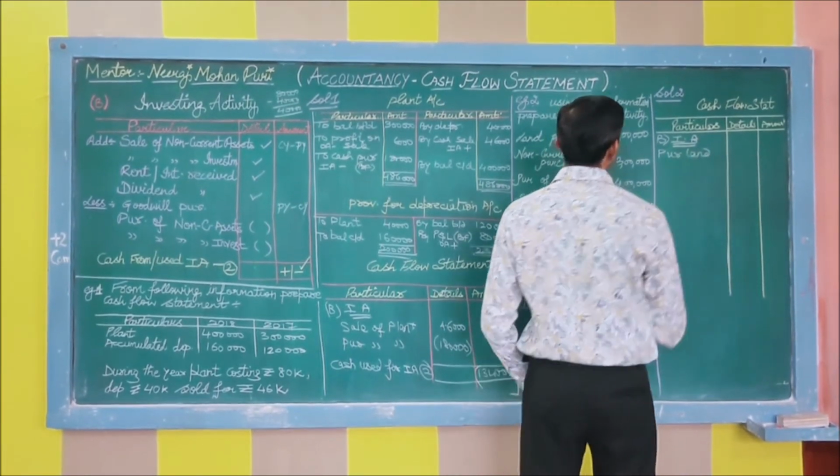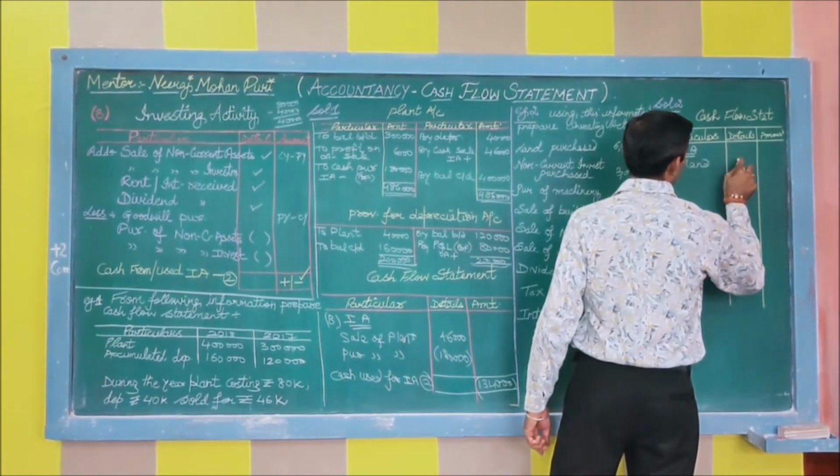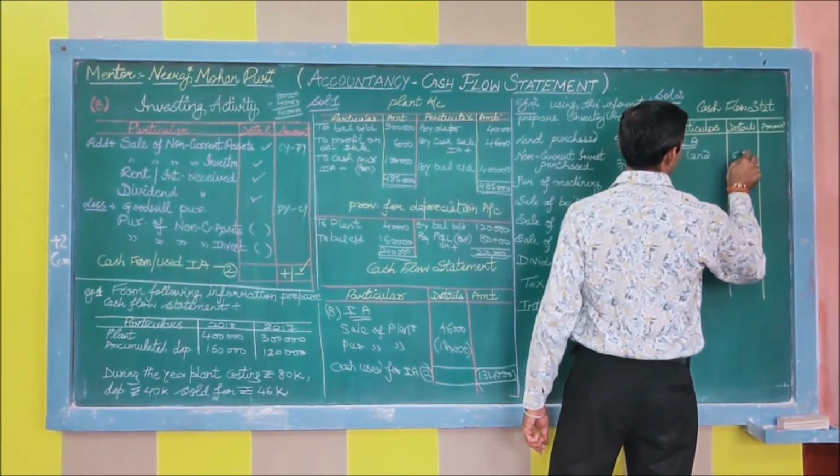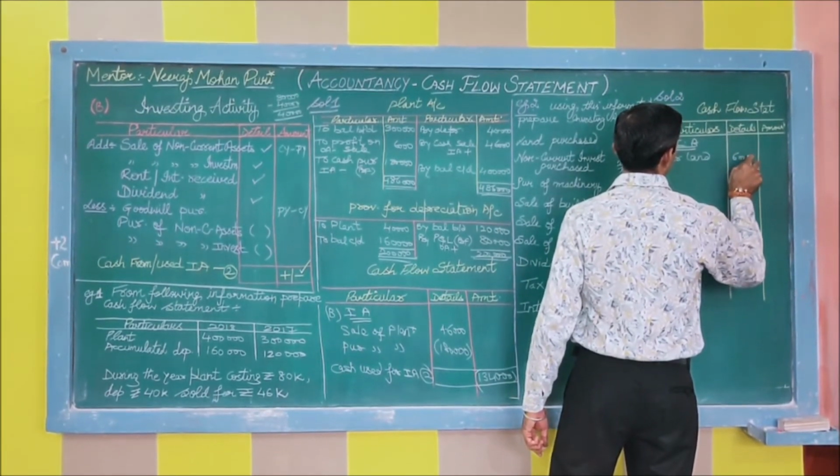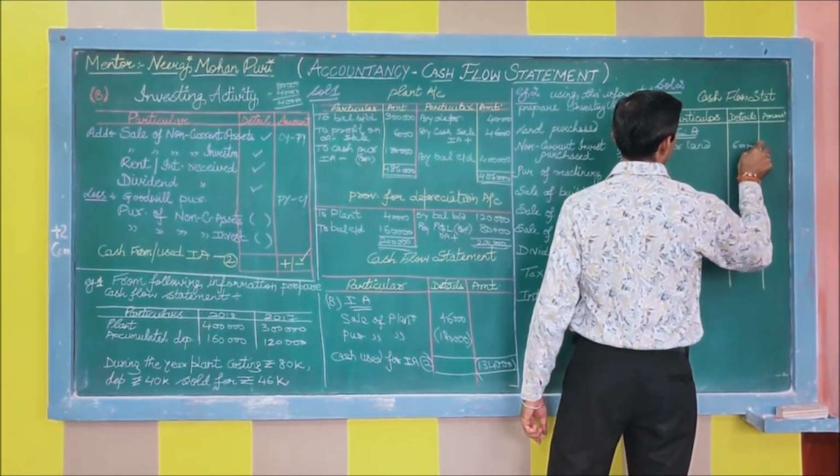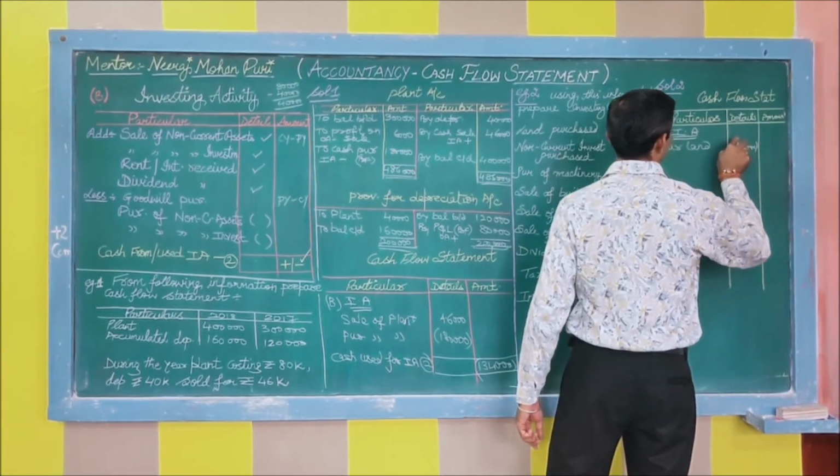This is negative amount column A. We will show negative 6 lakh due to space problem. Right figure. This is negative 6 lakh, minus.